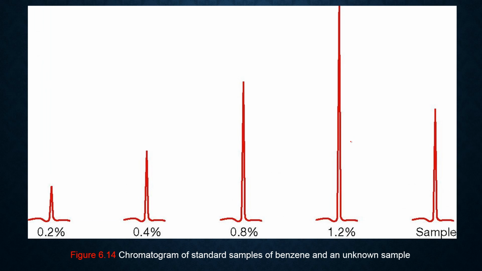Now, not only can we use gas chromatography machines for qualitative analysis, but we can also use them for quantitative analysis. Not only are we identifying what the components are, as in qualitative analysis, but we can also identify how much of each component there is.